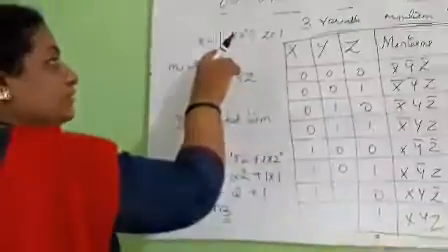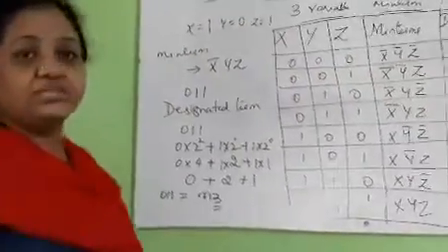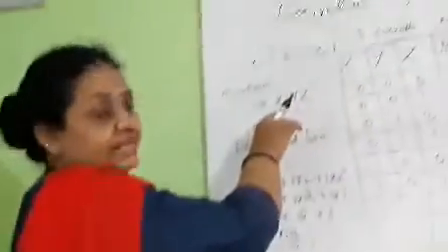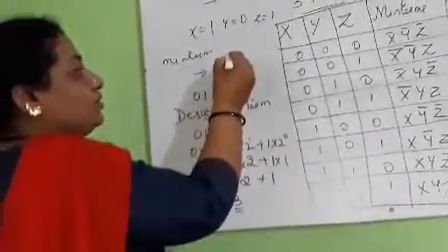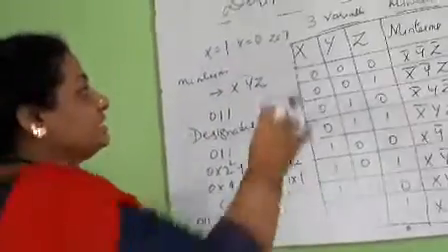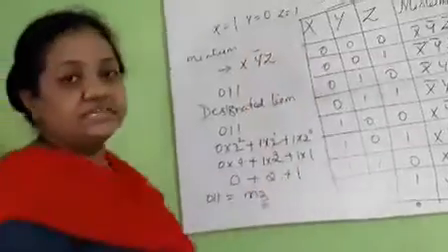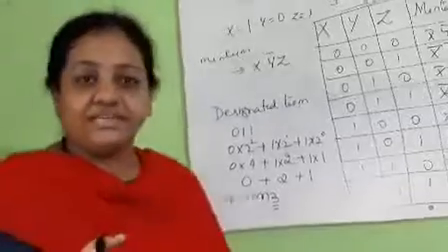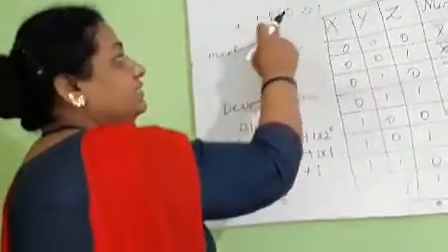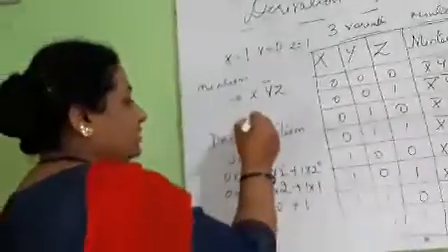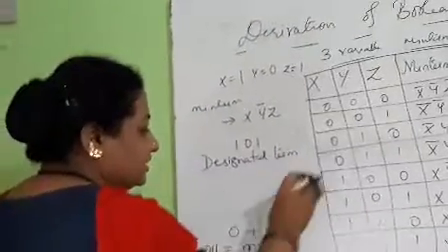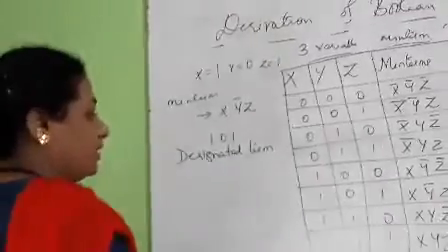Let's write the minterm expression. x is 1, so we write x. y is equal to 0, so we write y bar. z is equal to 1, so we write z. The combination of values for which we need to find the designated term is 1, 0, 1.